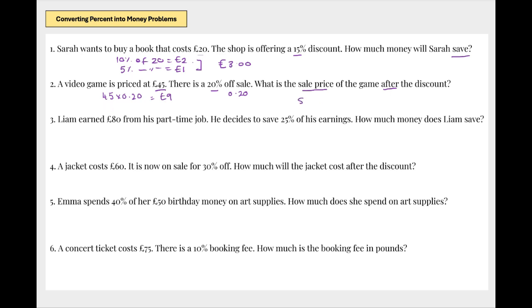So the sale price is going to be the original price, £45, subtract the 20%, which is £9, which is going to give you £36 for the game.